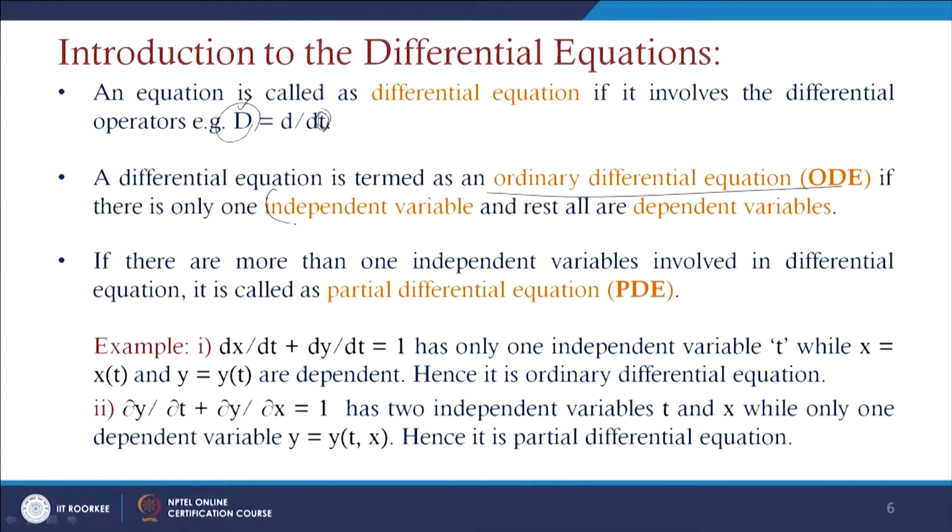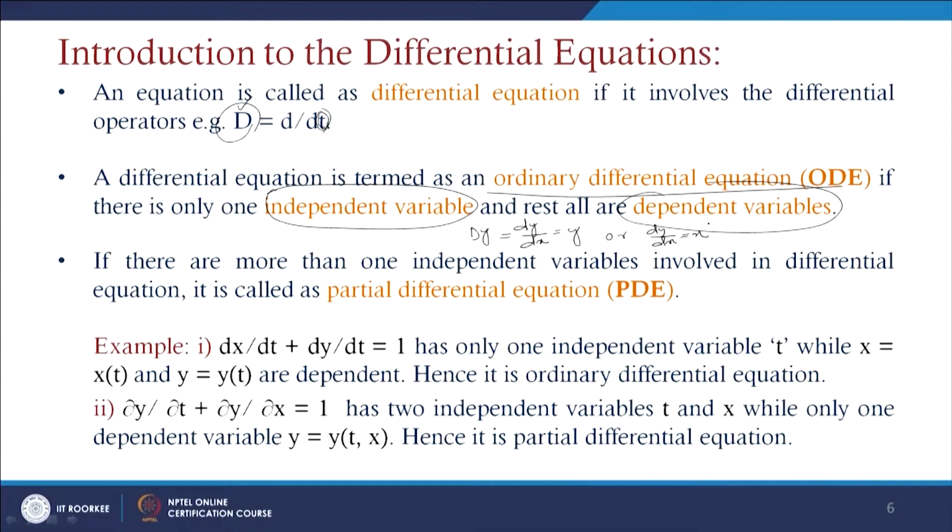if there is only one independent variable involved in that equation and all the rest are dependent variables. If you see here, suppose an equation is written as dy by dx, where d is the operator which operates on y, and we can write dy by dx equals x, suppose.